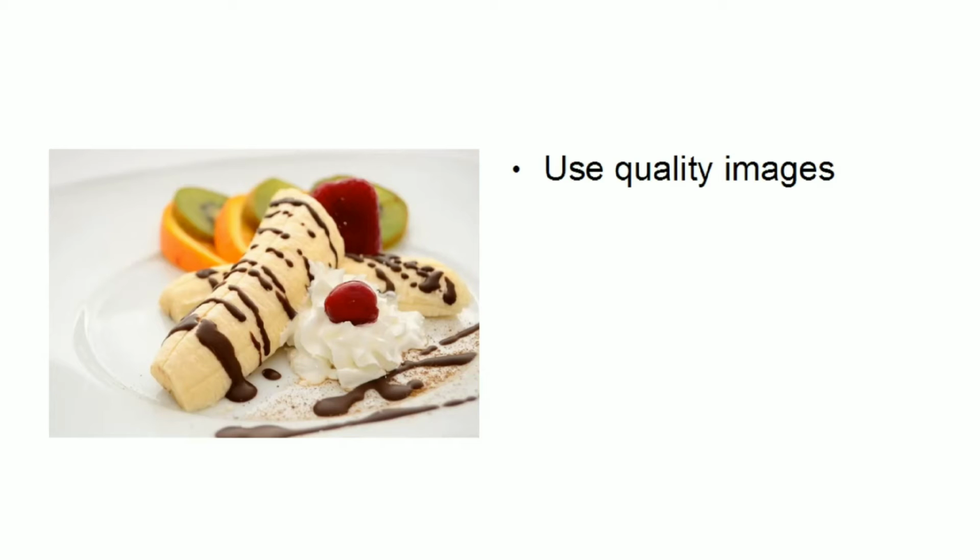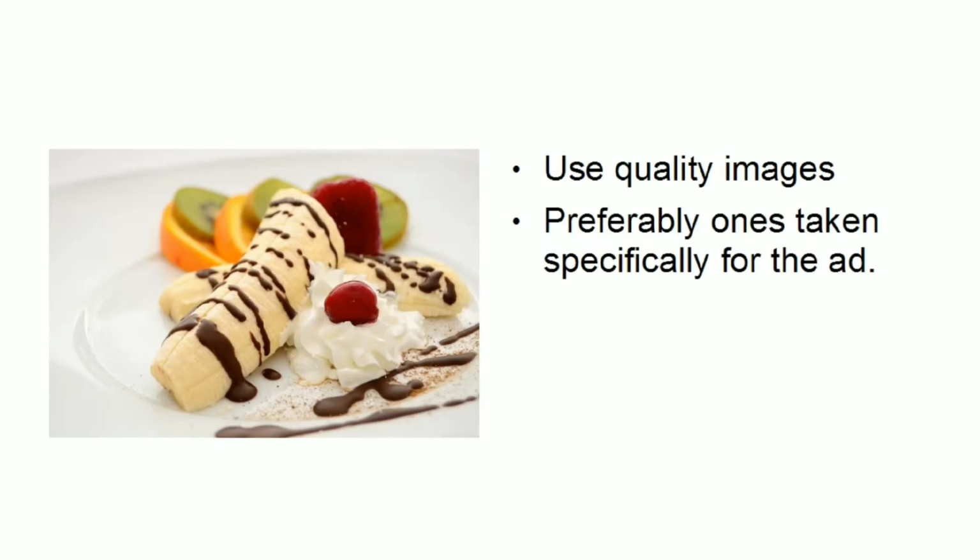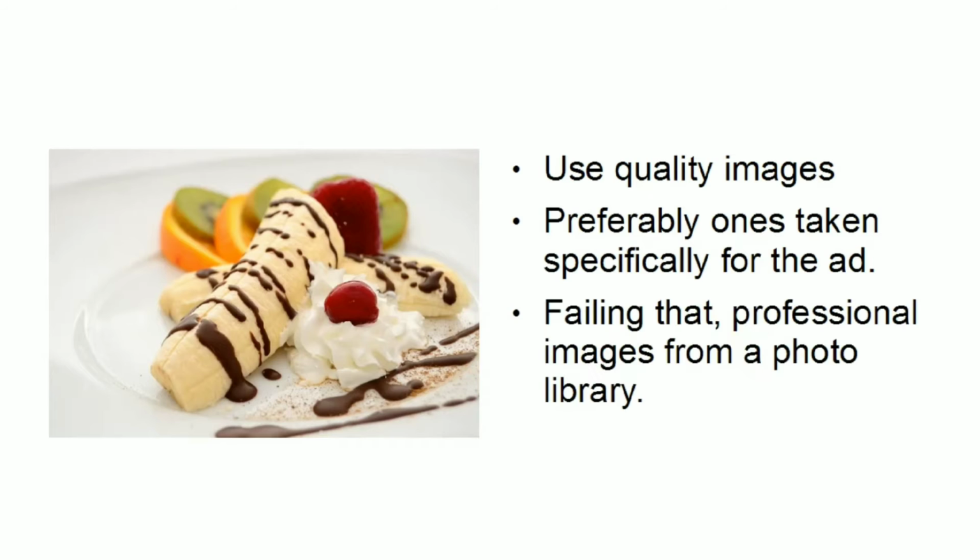They'll see the image and the text comes later. That's just the way your brain works. So when you're using images, you should use quality images. Preferably, you should use ones taken specifically for the ad, or failing that, you want to get some professional images from a photo library, and there are lots of them online.